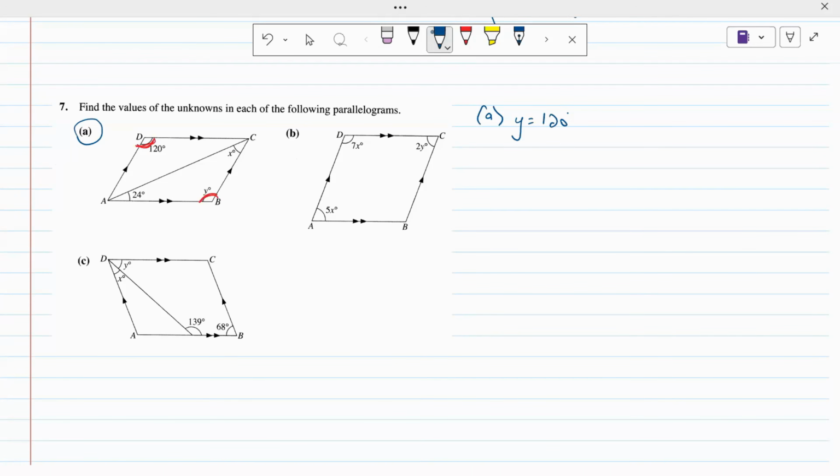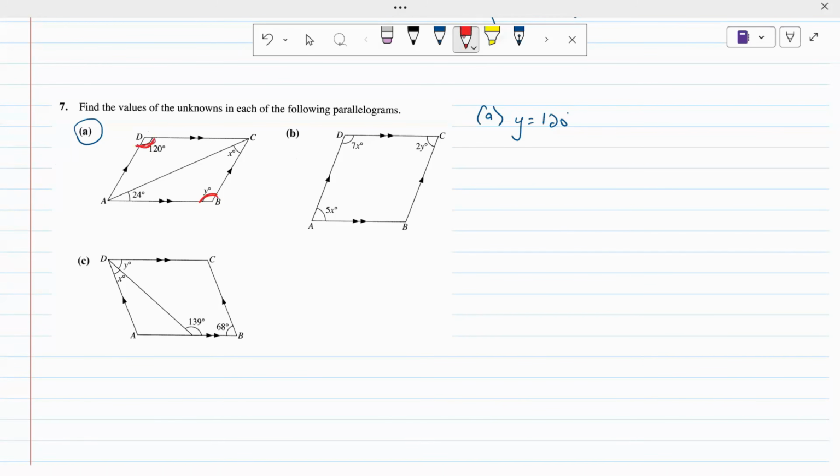Second thing, in parallelograms we always have parallel sides. So when we have parallel sides, we can apply the properties of parallel lines, that is, looking for alternate angles, the letter Z, looking for interior angles, the letter C, and so on. In this figure, we can see a letter Z being formed.